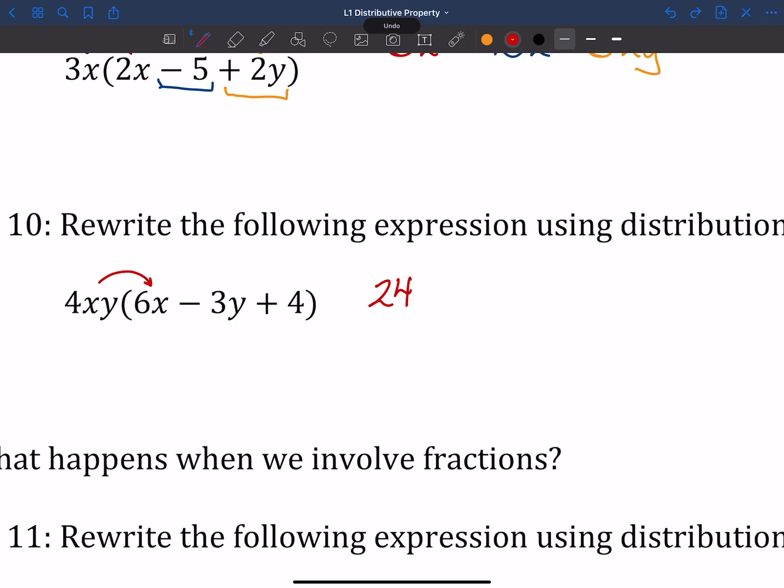Multiply the stuff that goes together. You have an x on the outside, you have a single x on the inside. If you multiply those, they'll give you x squared. As for that y, it's just on its own. There isn't any other y, so all you're going to do is just bring it along.